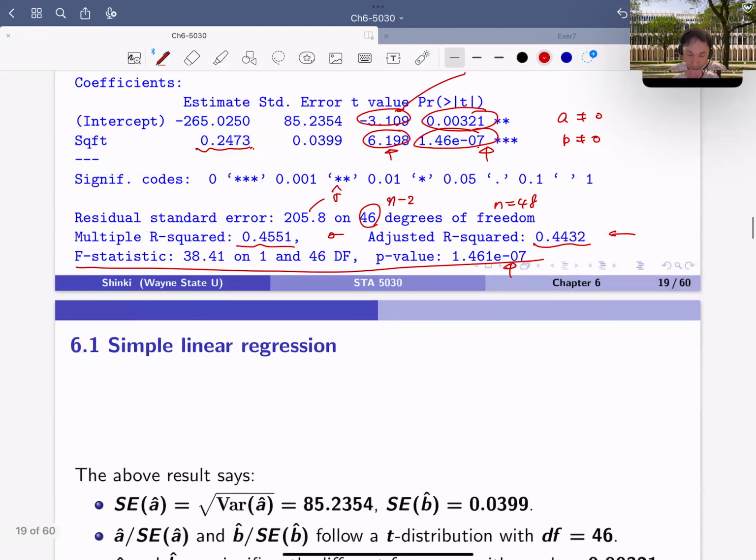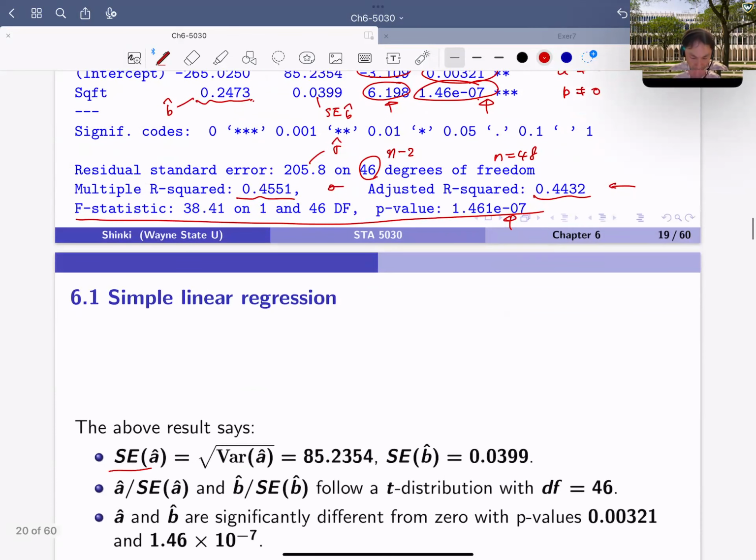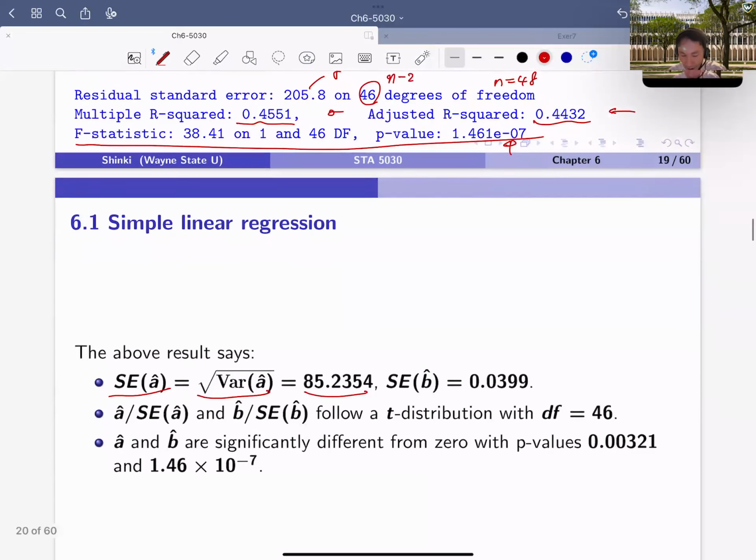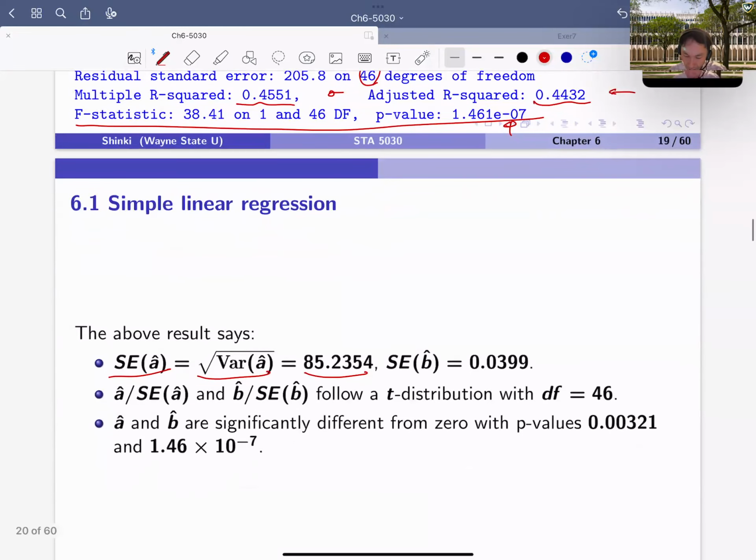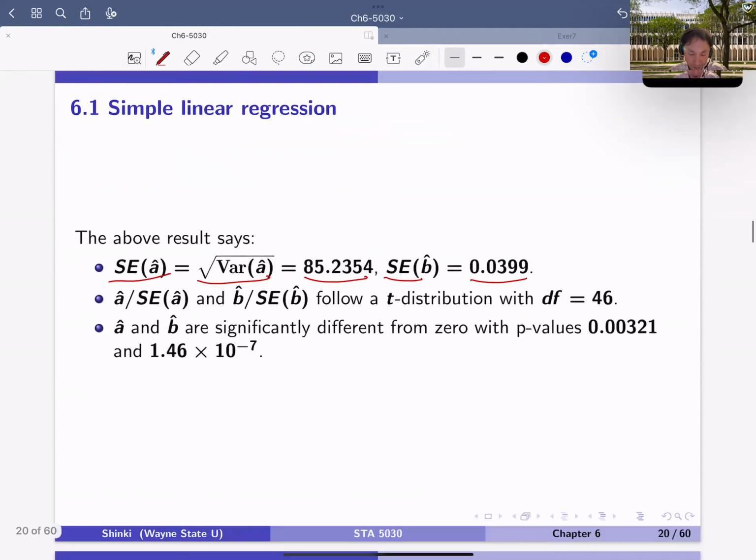So this is a hat, and this is b hat, and this is the standard error of a hat, and this is the standard error of b hat, and so on. The standard error of a hat is calculated by the square root of the variance, obtained by the method we discussed. The standard error of b hat is equal to 0.0399.